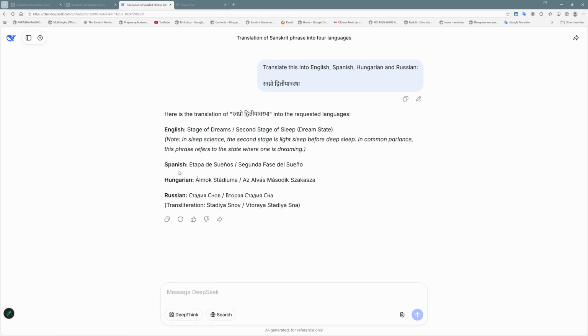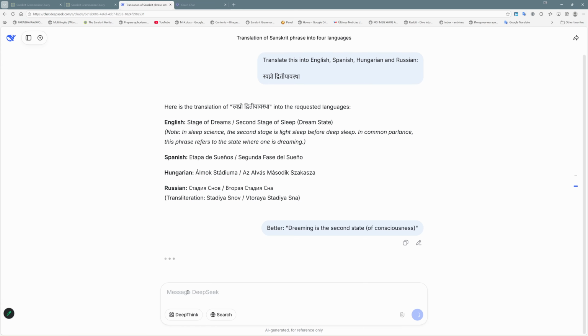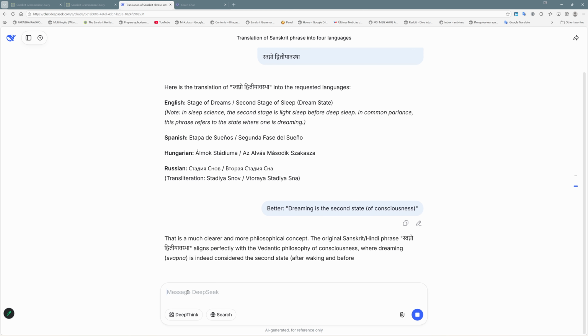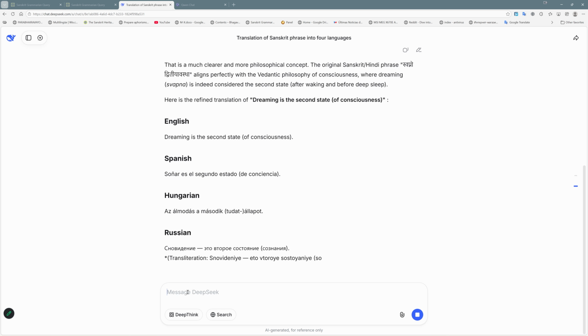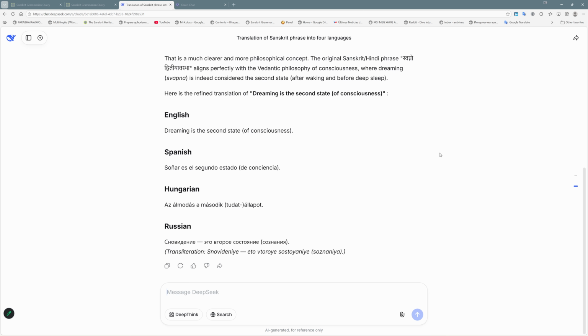Ay, how complicated. Second stage of sleep. What is this complicated? I will tell him better. Dreaming is the second state of consciousness. In Sanskrit in general, they don't put of consciousness. Cheat. Chida basta, no. Oh, he told me, oh, it's much clearer. Thank you.